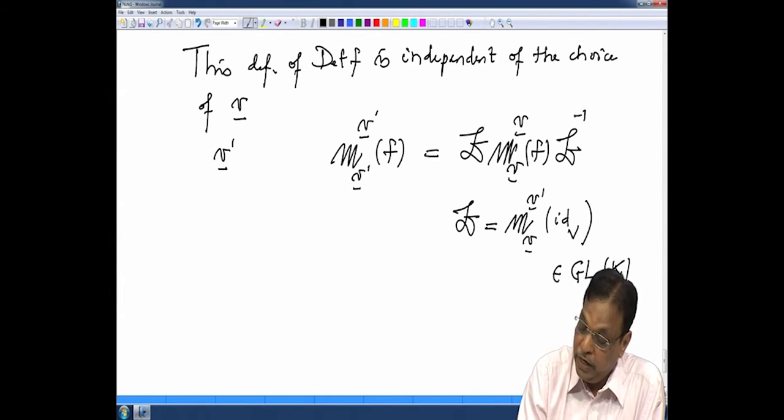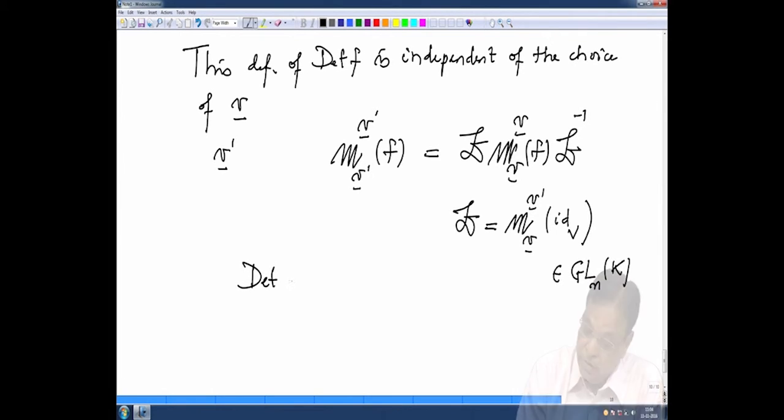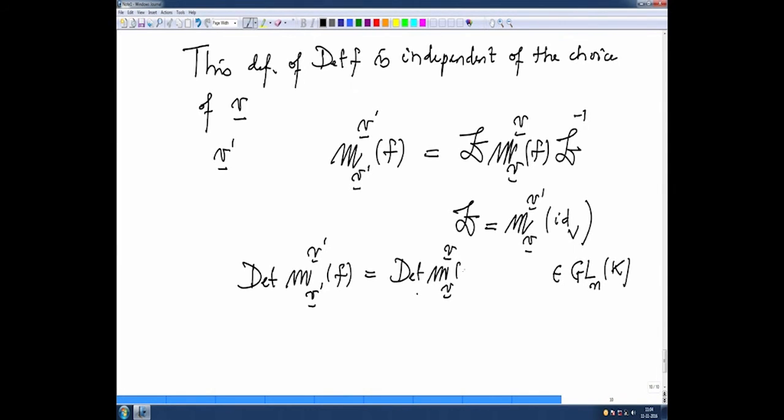So, that will prove that determinant M_V'^V'(f) is equal to determinant M_V^V(f).